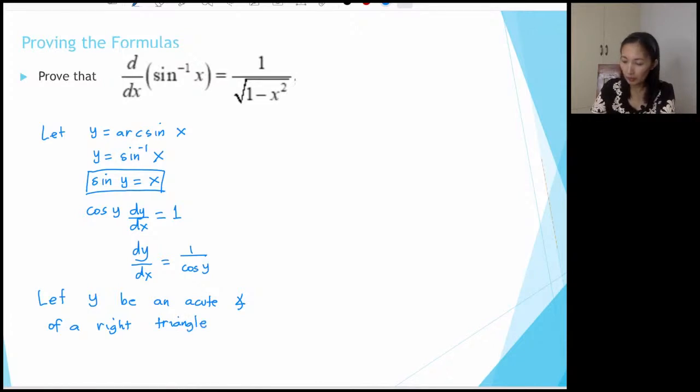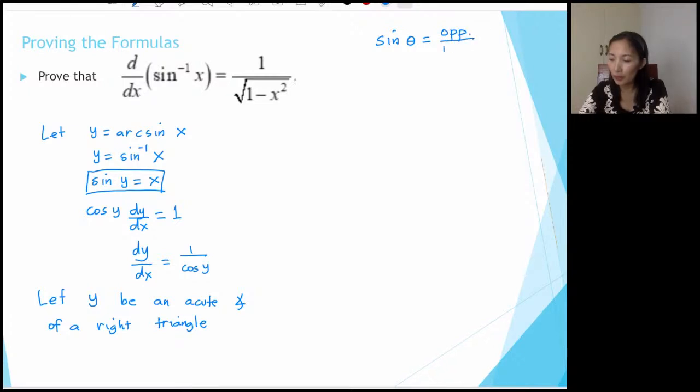From the given, let's prepare a triangle wherein one of the acute angles is y. Now, remember your definition of sine. When we speak of sine theta, it's the ratio of opposite over hypotenuse.